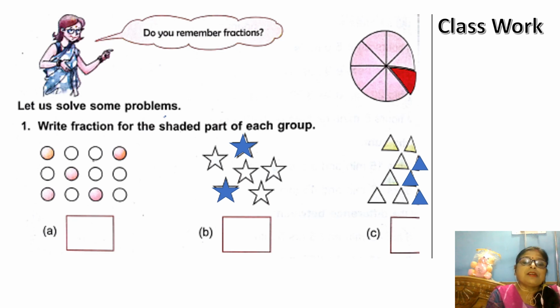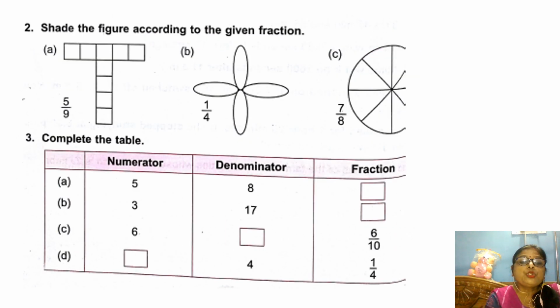So students, draw it in your copy and then write the answers, and you will set it with the color pencil. Now question number 2. Here the fraction is given and you have to set the figure.